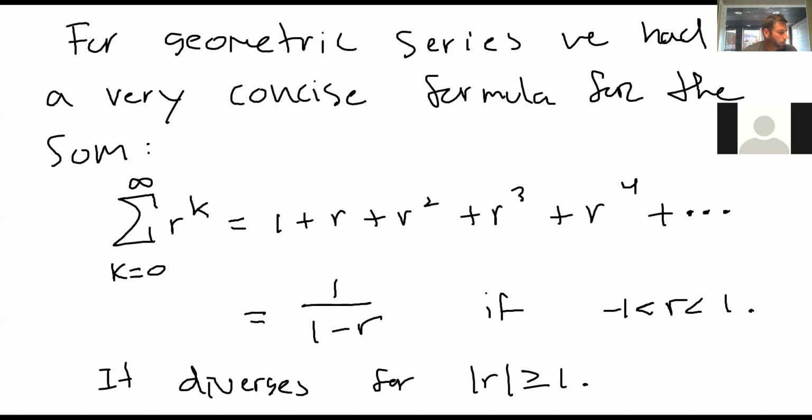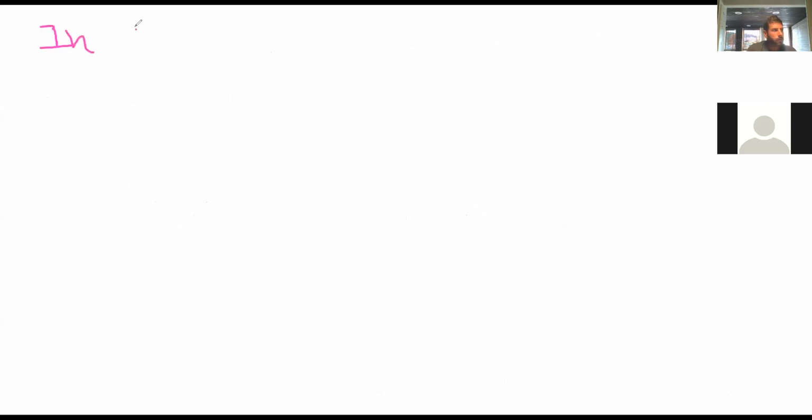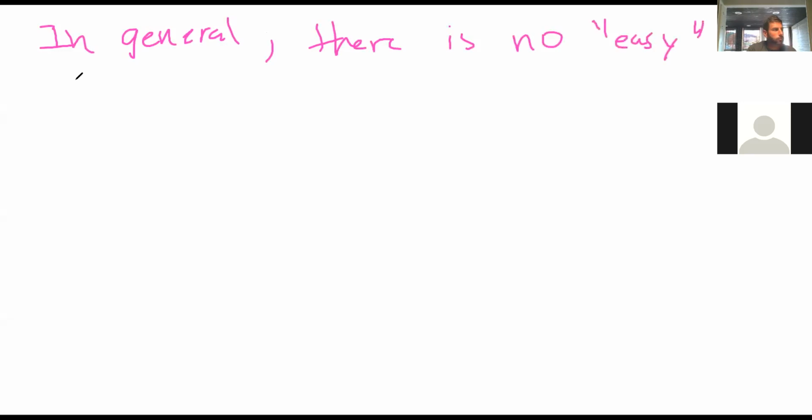So one of the interesting things, and it's not very often appreciated by students in Calculus 2, but in general, there is no easy formula for a series. The only time it's quote unquote easy is if you have this sort of geometric series, then it has this nice formula.